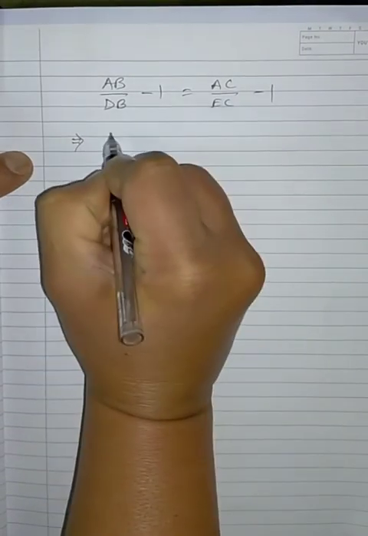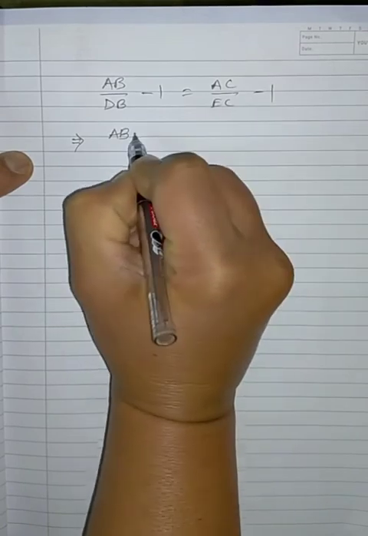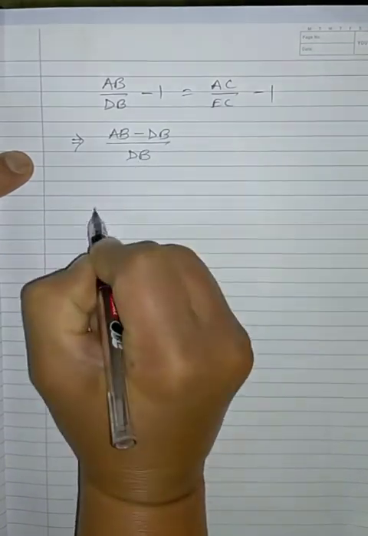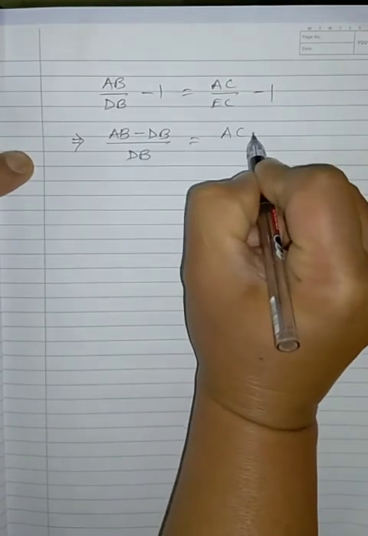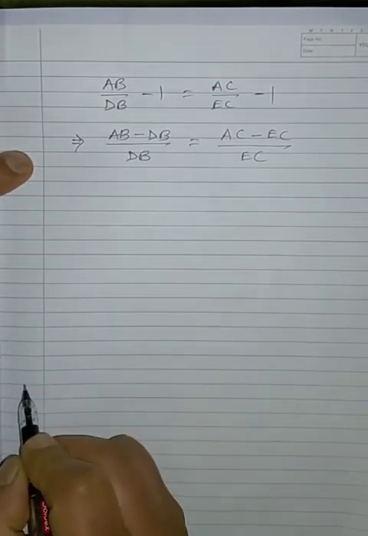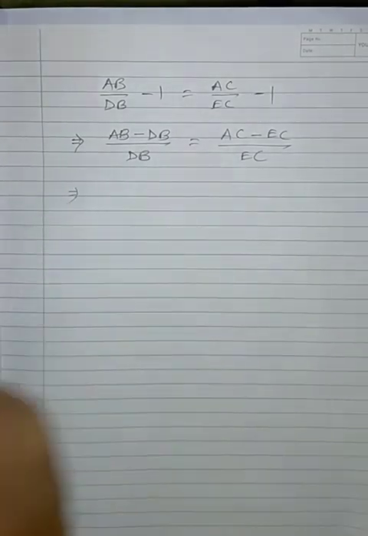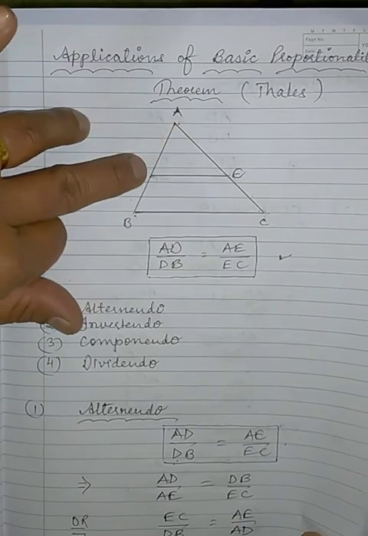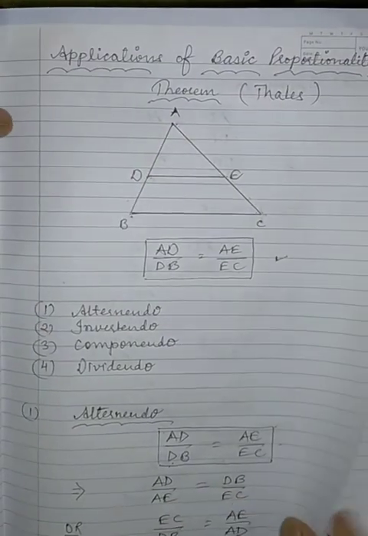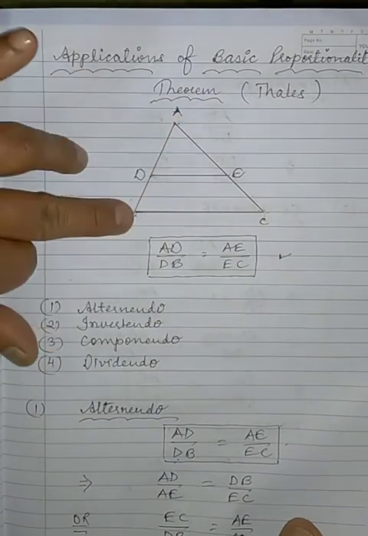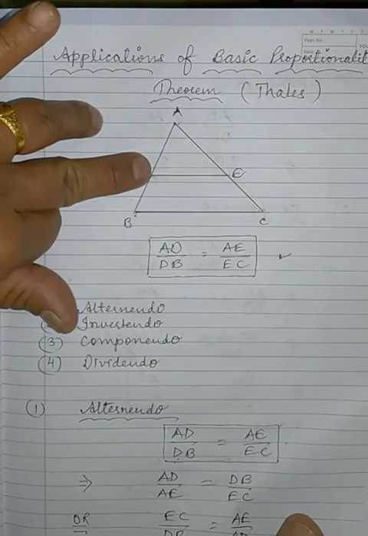This means that, again taking out the LCM, AB minus DB upon DB is equal to AC minus EC upon EC. Now, if we subtract DB from AB, we get AD.